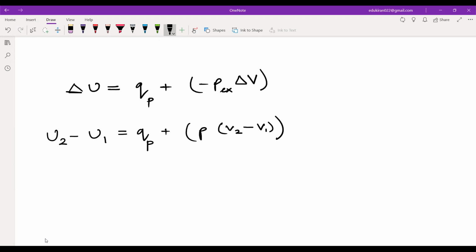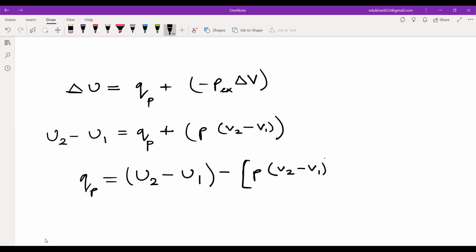I will place this QP on this side and bring this P of V2 minus V1 to the other side. So QP is equal to U2 minus U1, and this plus becomes minus P of V2 minus V1.